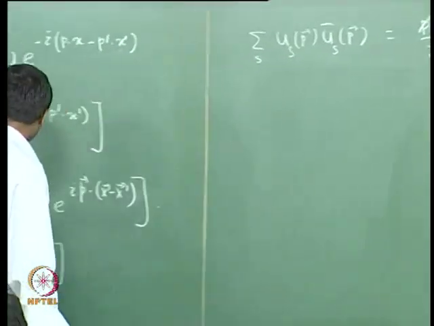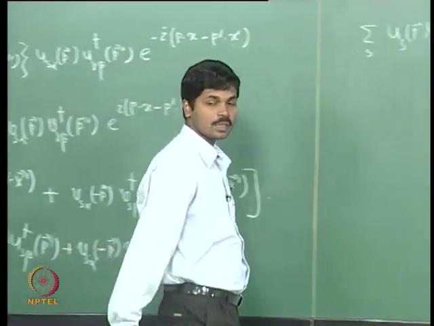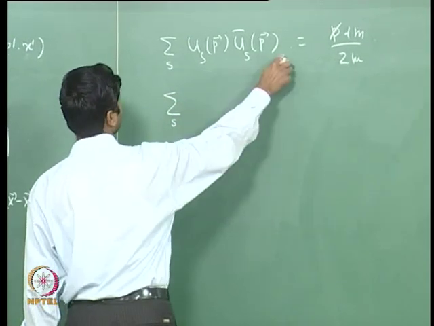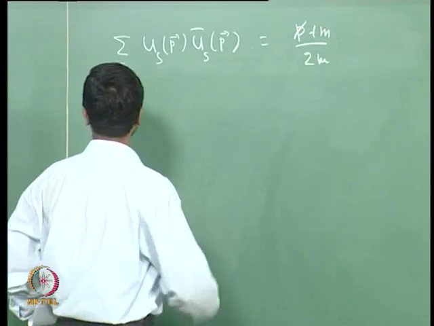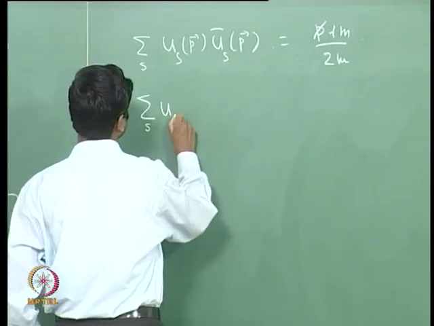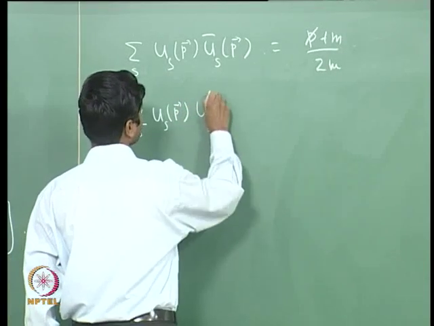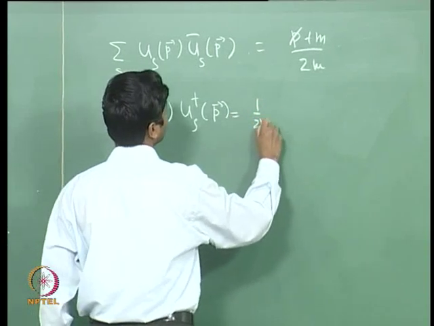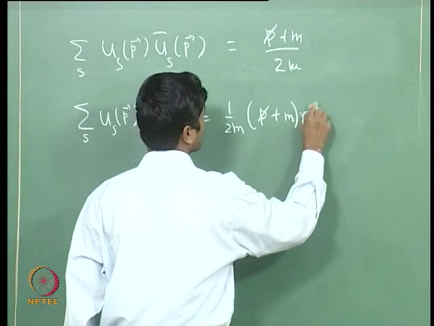Here instead you have u_s dagger. So if you want to get an expression for u_s dagger, you just multiply gamma 0 from the right. So the sum over S of u_s(p) u_s dagger(p) is 1 over 2m (p-slash + m) gamma 0.